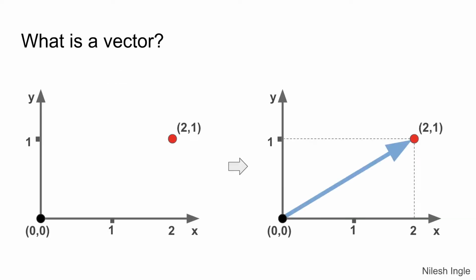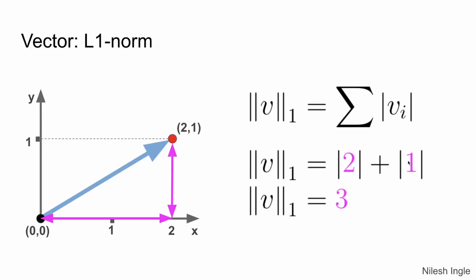So here we have on the left hand side a plot with a red dot at 2, 1. We can represent such a dot in space by an arrow as shown on the right hand side. That would be a vector. For such a vector, we know the direction by the direction in which it is pointing.